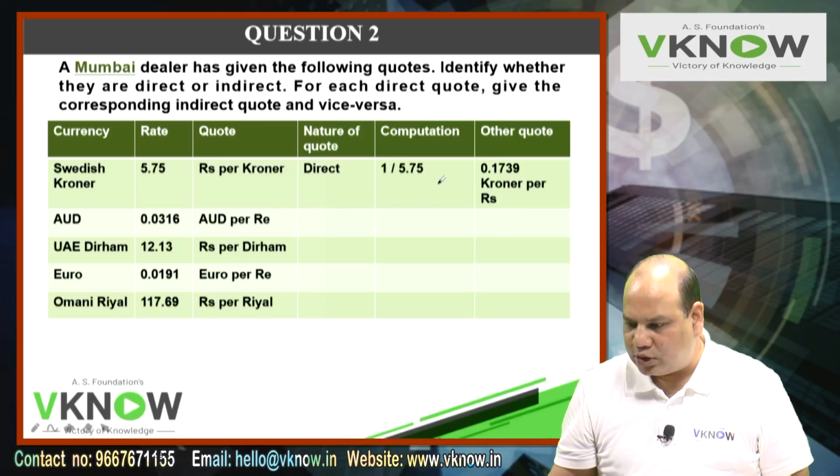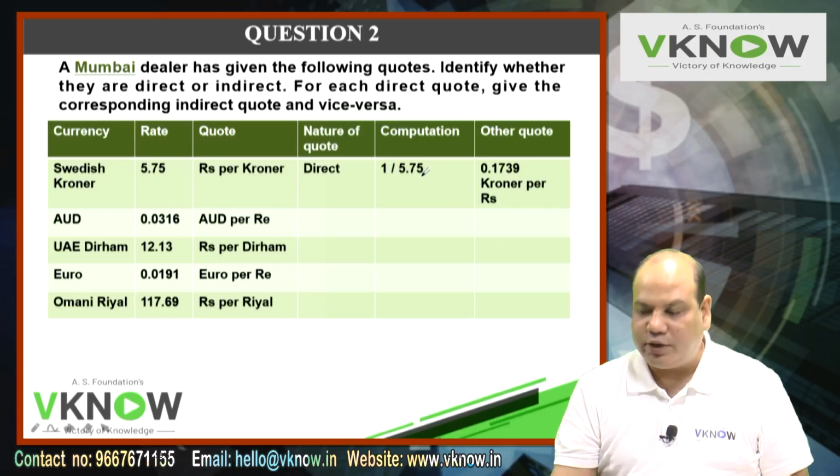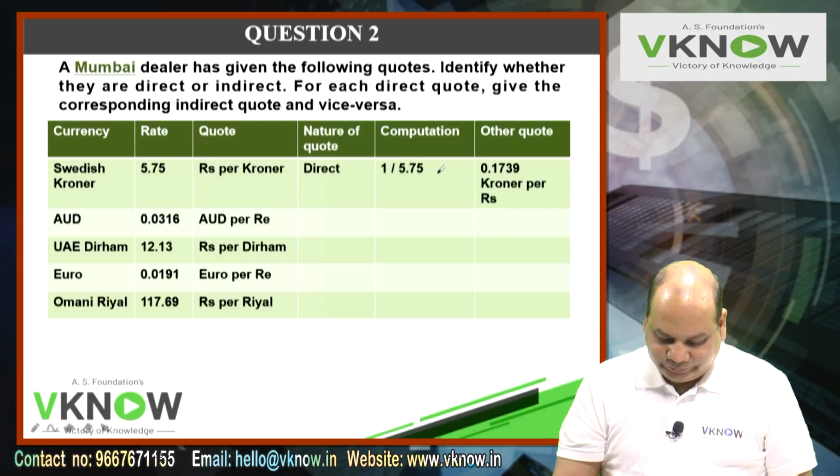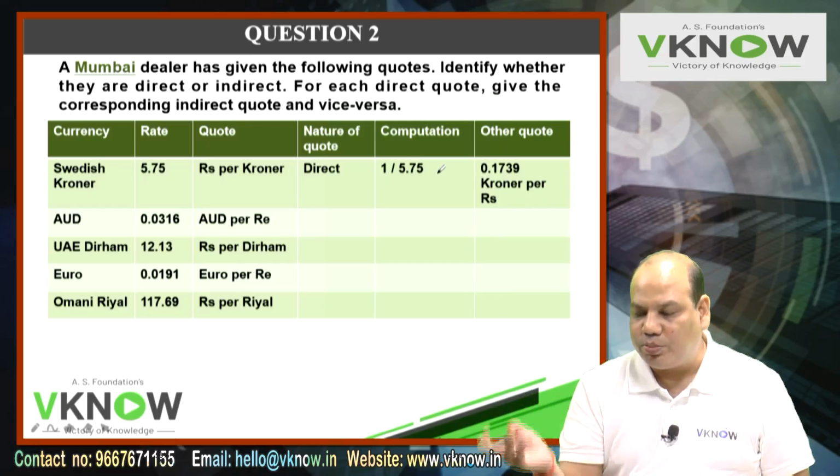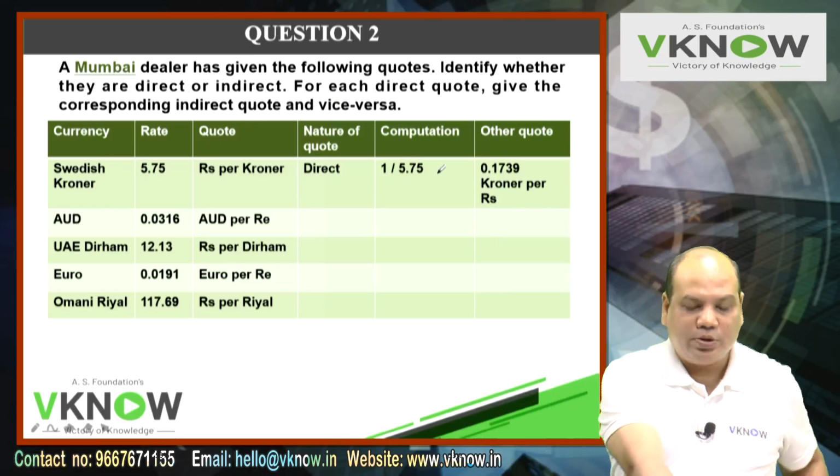Computation to convert into indirect quote: I will take the reciprocal, 1 divided by 5.75. On your calculator, 1 divided by 5.75 equals 0.1739 kroner per rupee.